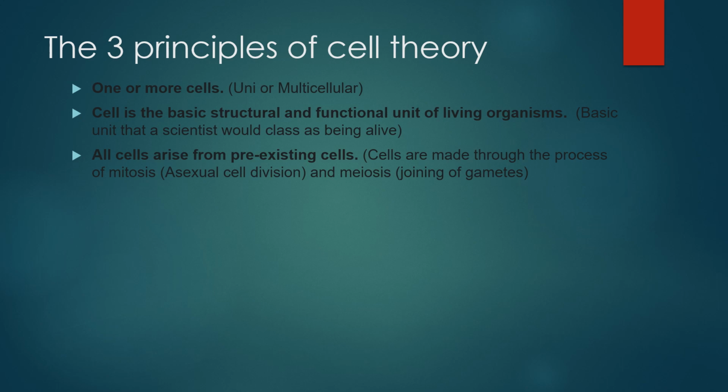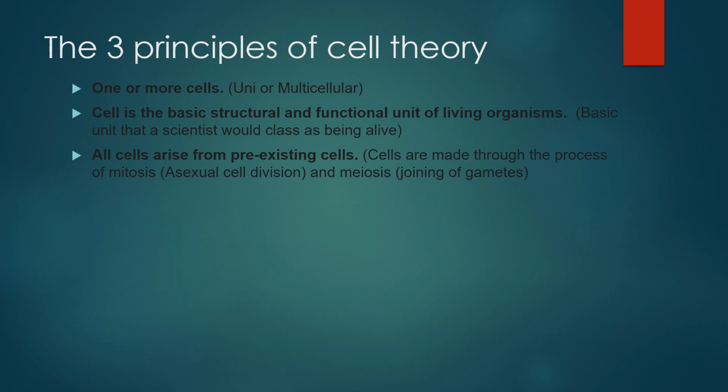A unicellular organism may be something that we are unfamiliar with at this point in time, but unicellular organisms, or organisms that have one cell, include organisms like amoeba and bacteria. Multicellular organisms include animals and higher plants.